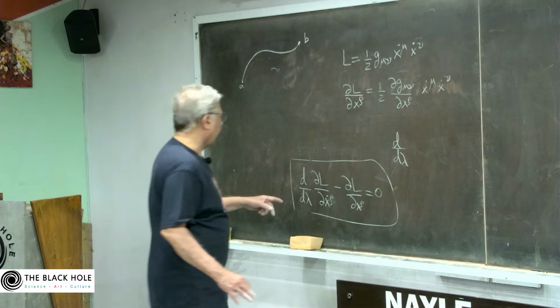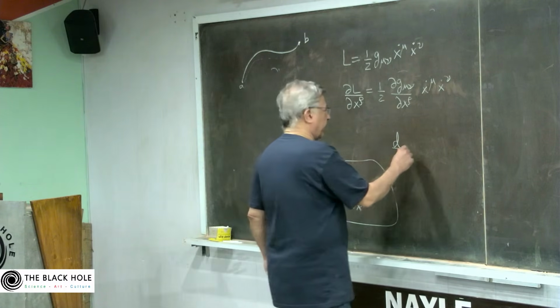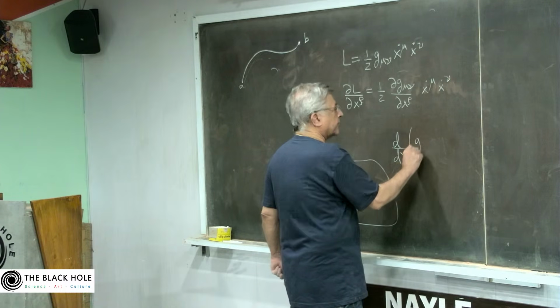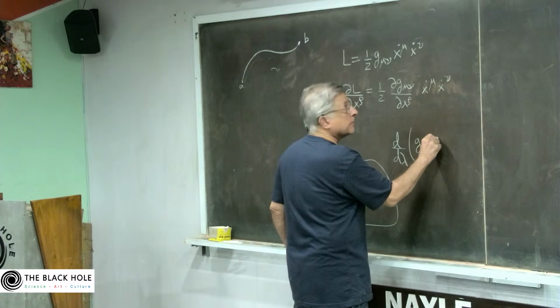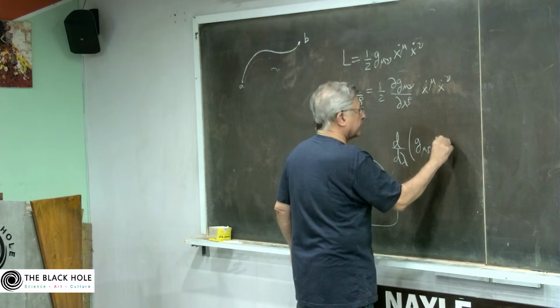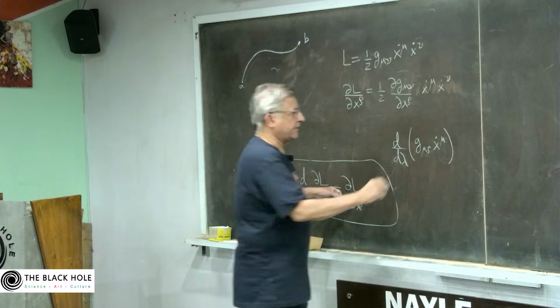So now I have d by d lambda of this, minus this.